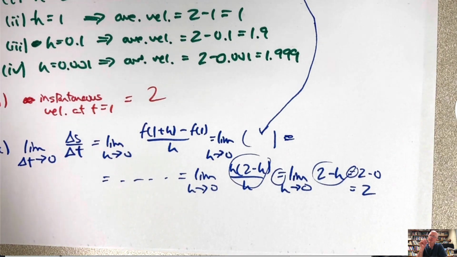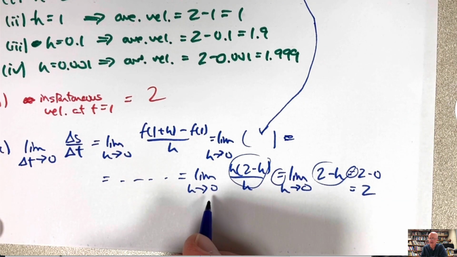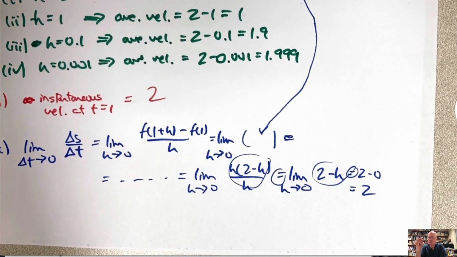In the formal definition of a limit, if I'm letting h go to 0 here, I am letting it get closer and closer to 0 without actually equaling 0. I'm letting it get arbitrarily close to 0, you might say.